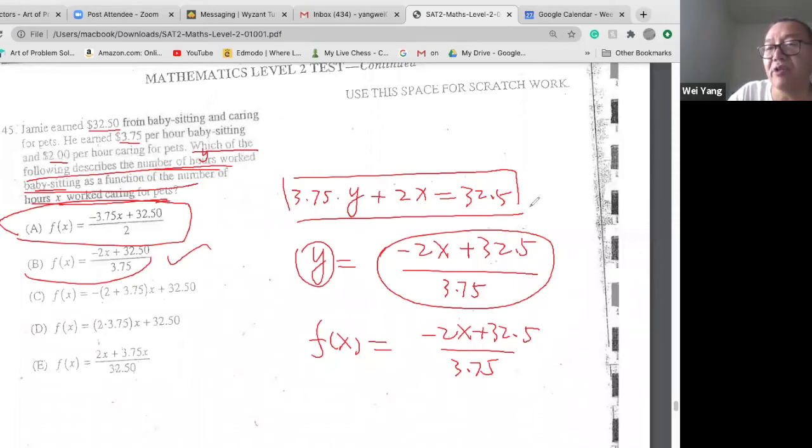Get this equation, that's not hard. Then they ask you to represent this in terms of x, so you solve y in terms of x. Then later you will understand this y actually is f(x).